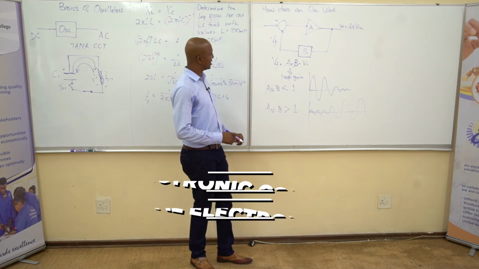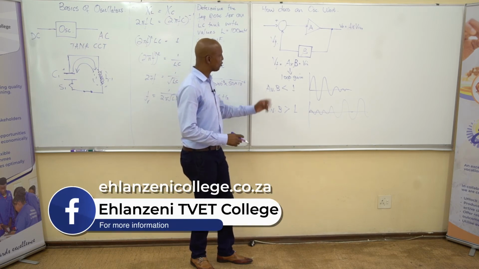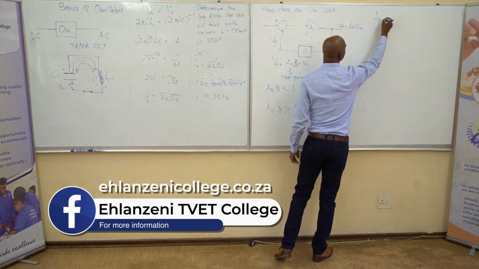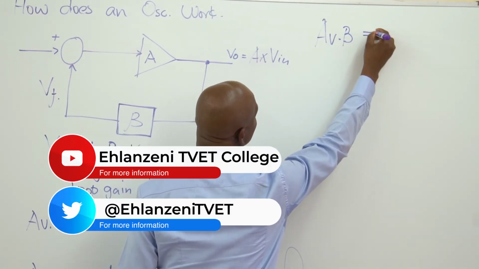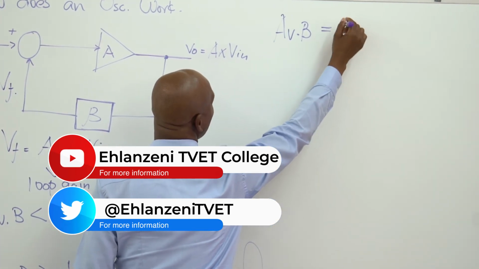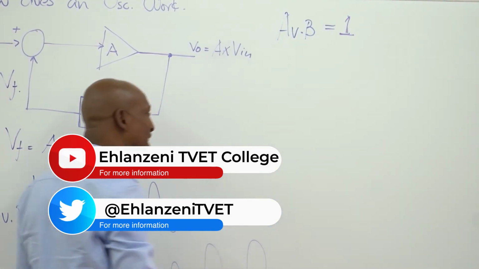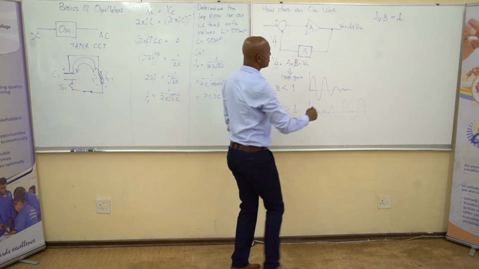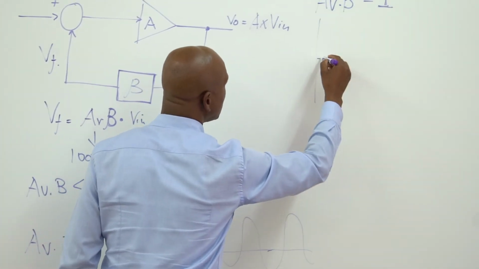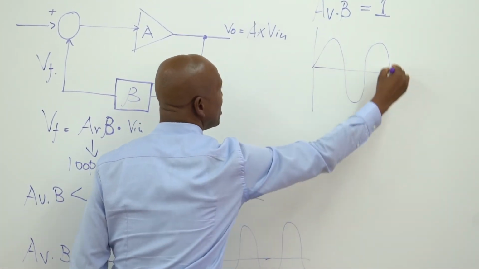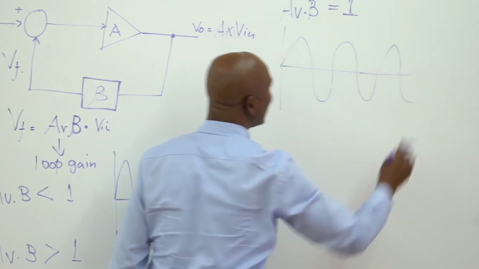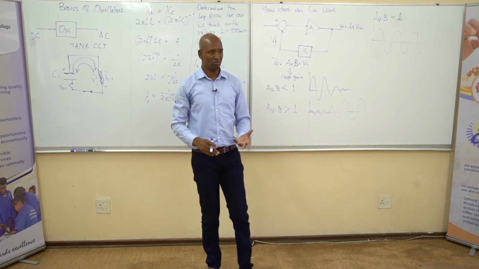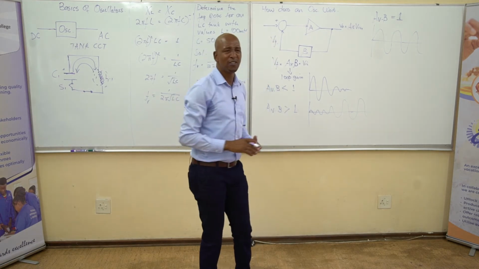So we need a feedback circuit which will give us a gain AVB equal to 1, slightly greater than 1 in practice. What does this mean? It means that our oscillation will be constant throughout. There will be no signal that is being lost.